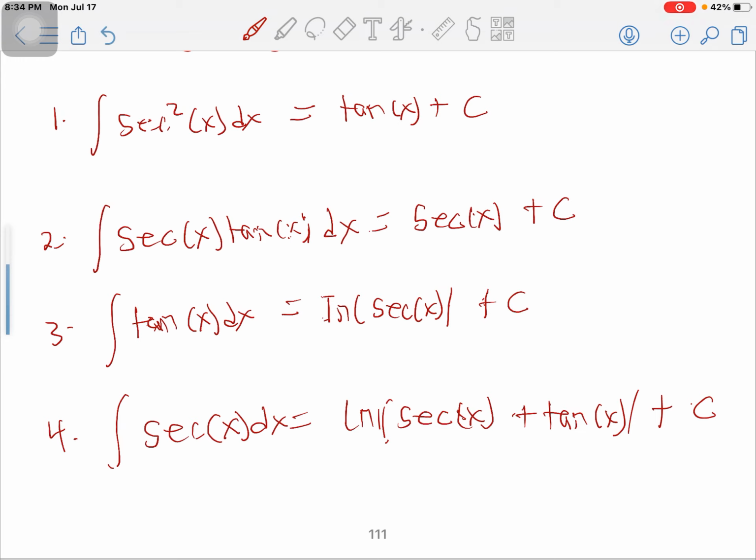These are some common integrals that you must know at your fingertips.